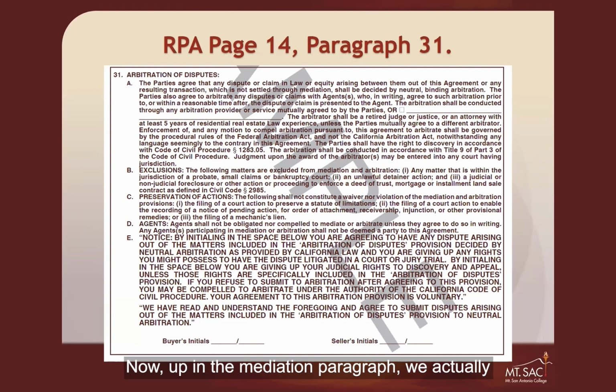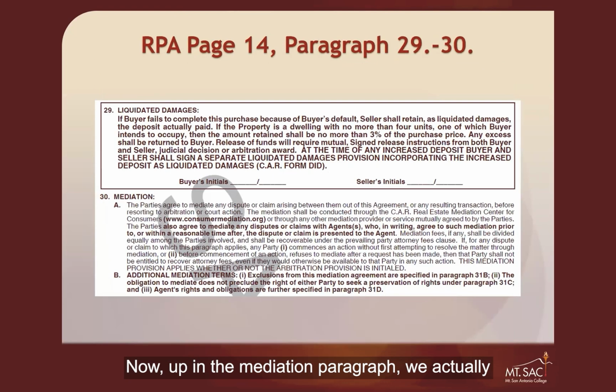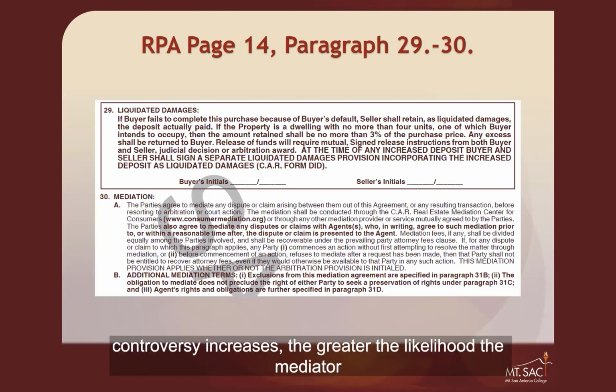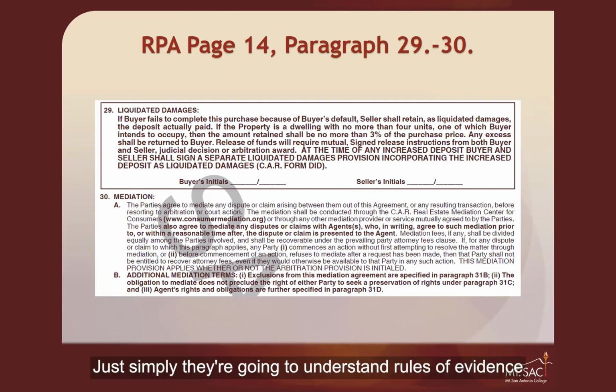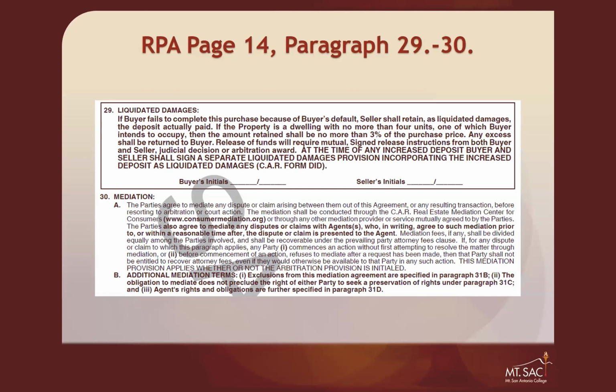Now, up in the mediation paragraph, we actually have a website that CAR maintains of mediators. I will say that as the amount in controversy increases, the greater the likelihood the mediator is going to be an attorney. Just simply, they're going to understand rules of evidence, strength of the case, that sort of thing.